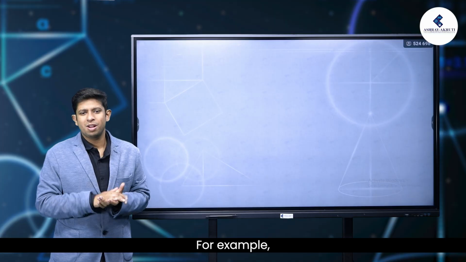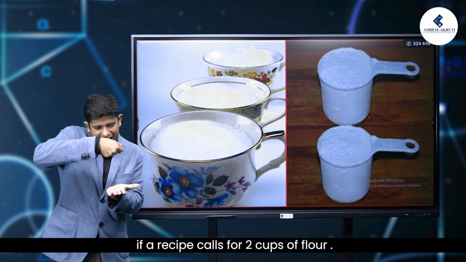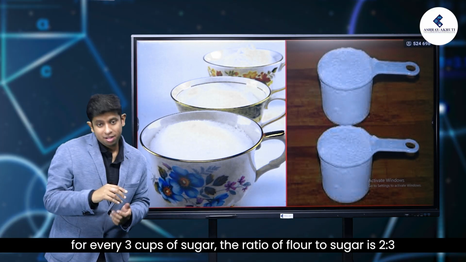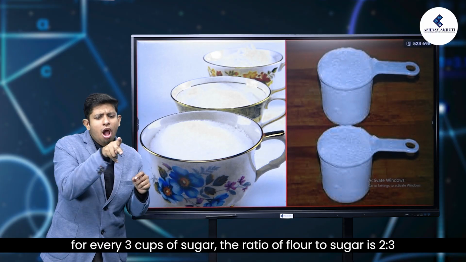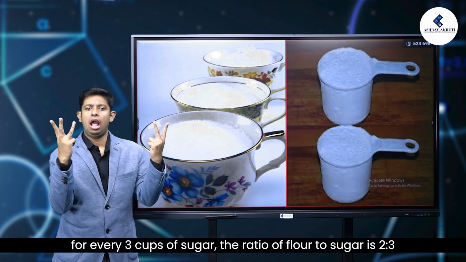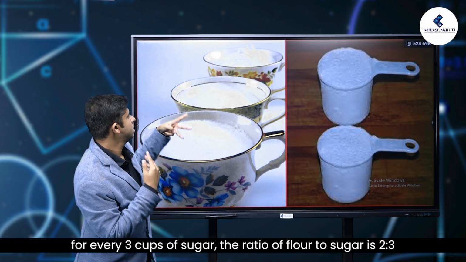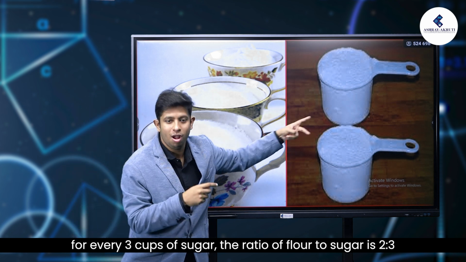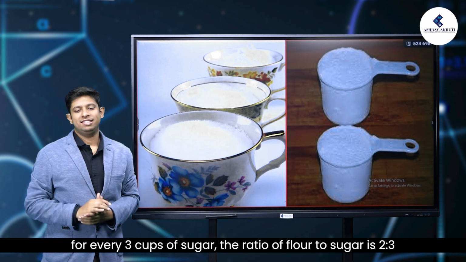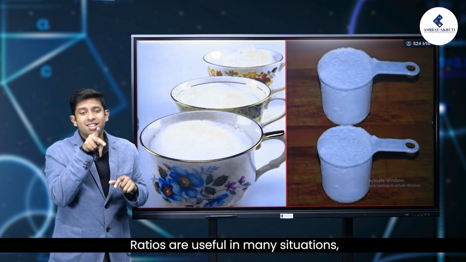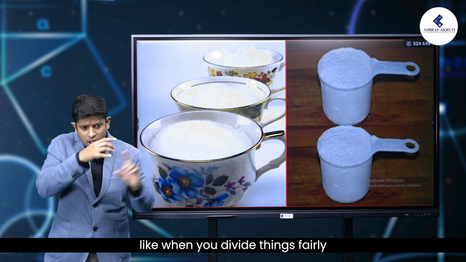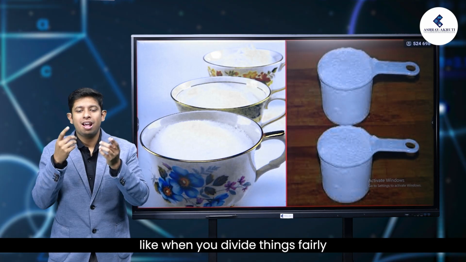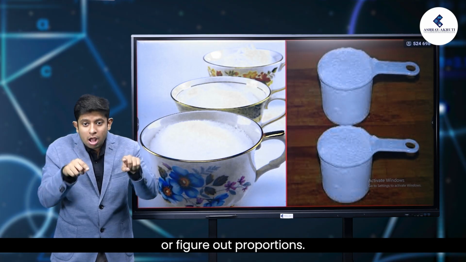For example, if a recipe calls for 2 cups of flour for every 3 cups of sugar, the ratio of flour to sugar is 2:3. Ratios are useful in many situations, like when you divide things fairly or figure out proportions.